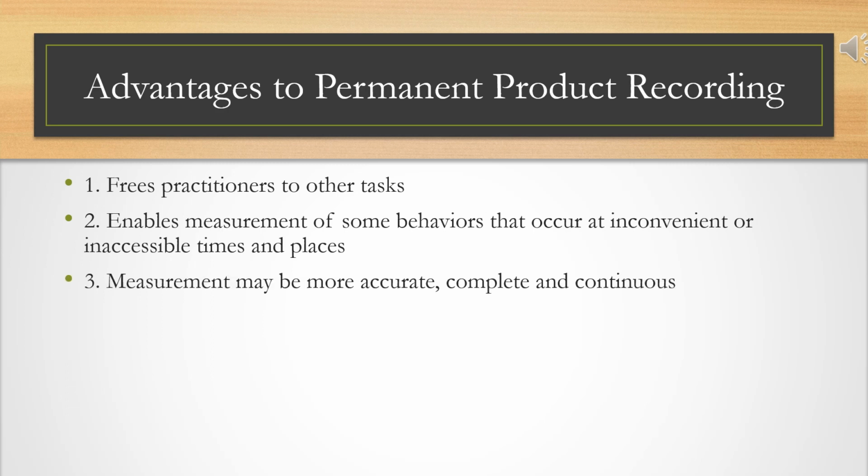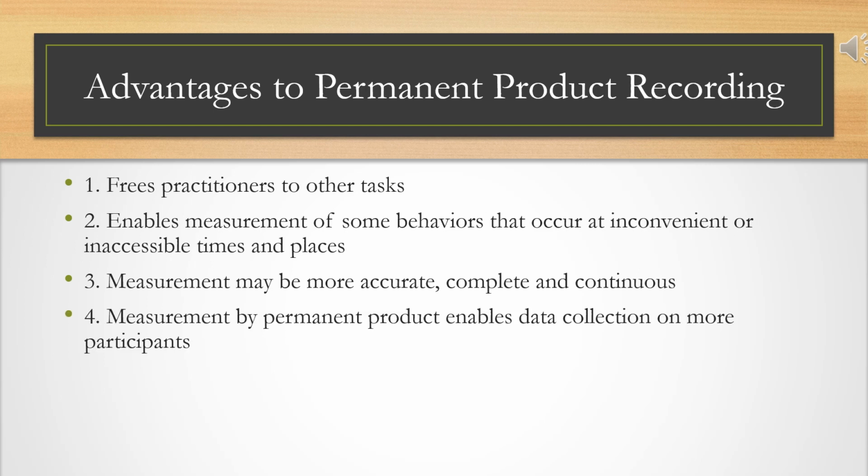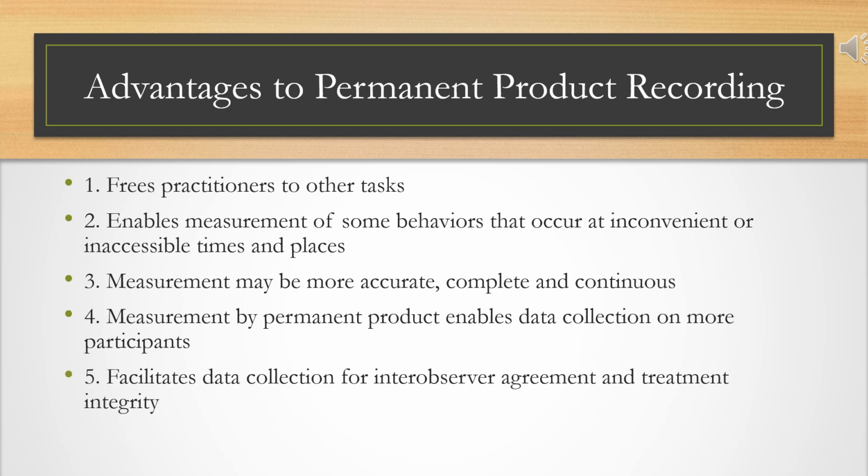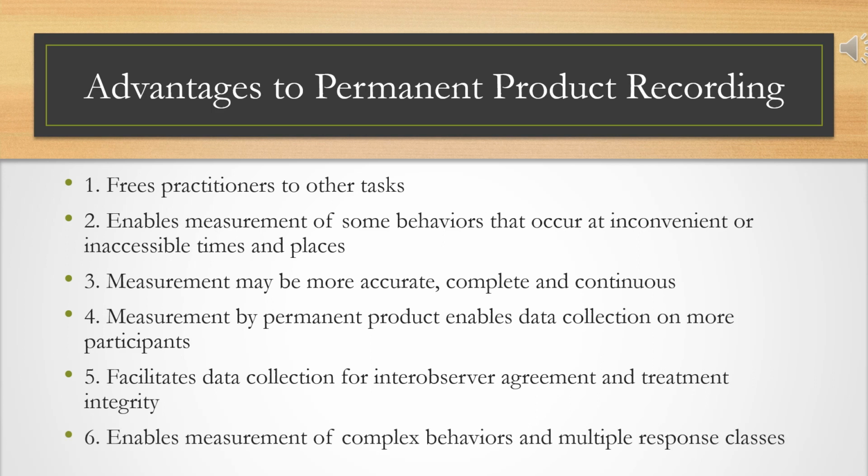Three, measurement may be more accurate, complete, and continuous. Four, measurement by permanent product enables data collection on more participants. Five, it facilitates data collection for interobserver agreement and treatment integrity. And six, it enables measurement of complex behaviors in multiple response classes.